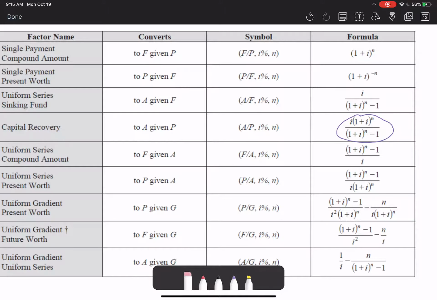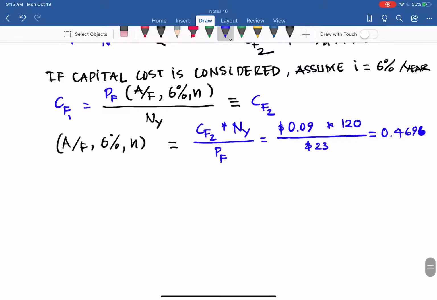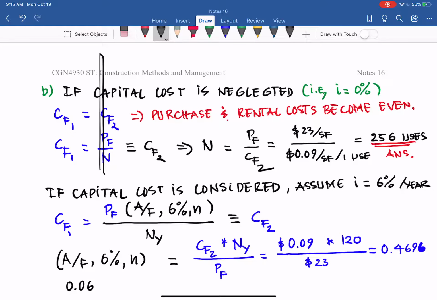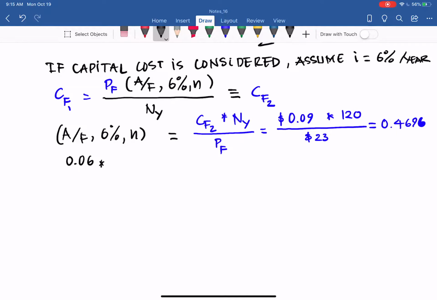So from here, we plug in. I assume it's 6%, so 0.06 times (1 plus I) power n, so 1.06 power n, in this case putting n small in there, over (1 plus I) power n minus 1, so 1.06 power n minus 1, equal to 0.4696.